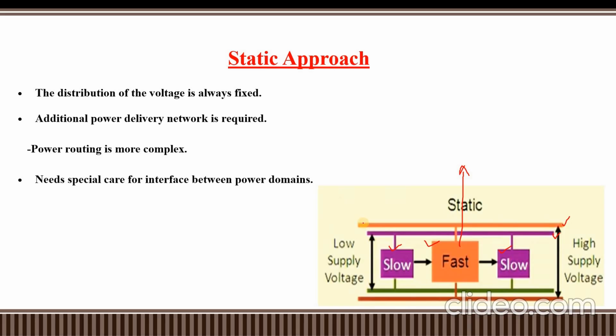So these are for low supply and these two supply rails are for high supply voltage. Blocks which are required to run very fast are fed with high supply voltage. See this orange color. The block which is supposed to run faster is fed with high supply voltage, and blocks which run slower are fed with low supply voltage. So it is a static approach.